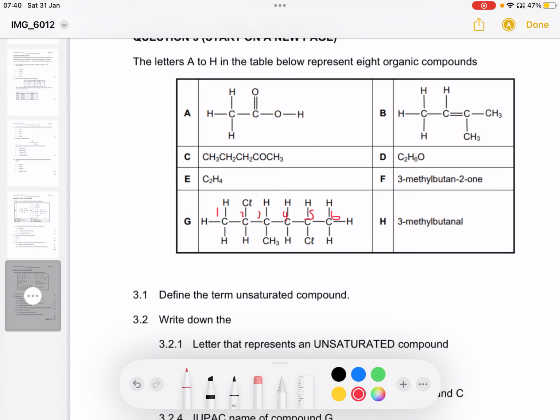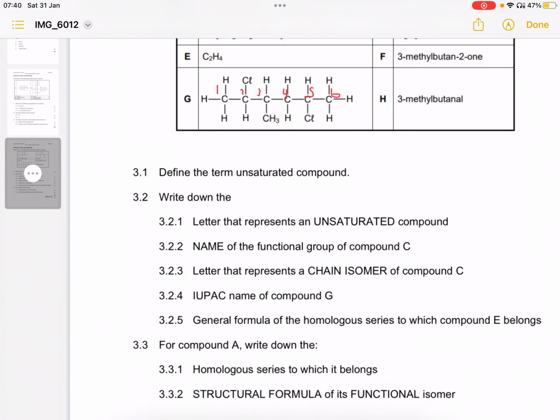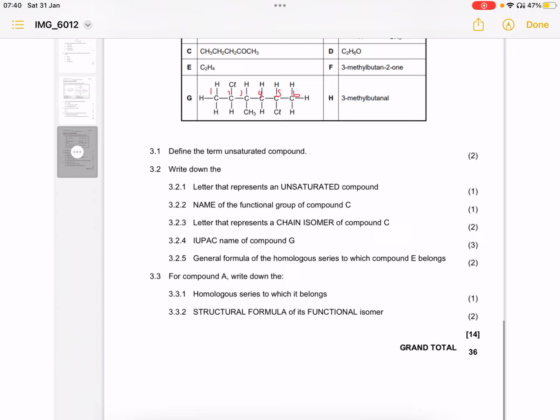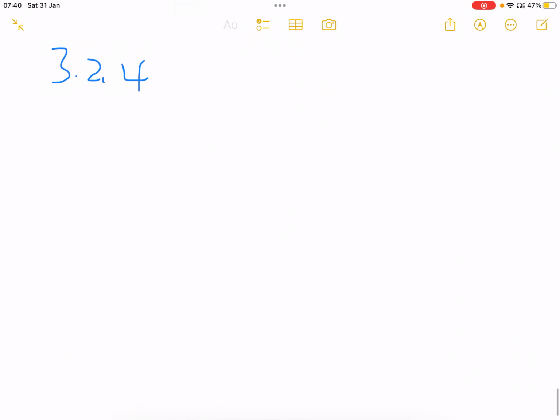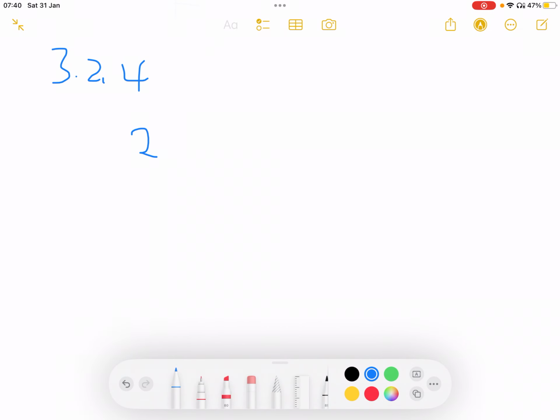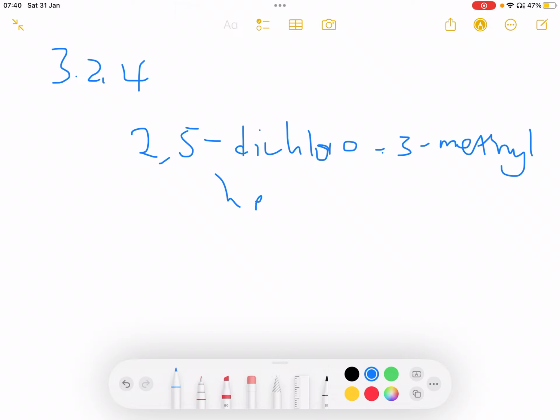So we have a hexane, and then we have substituents in carbon 2, carbon 3, and carbon 5. So this is a 2,5-dichloro-3-methylhexane.